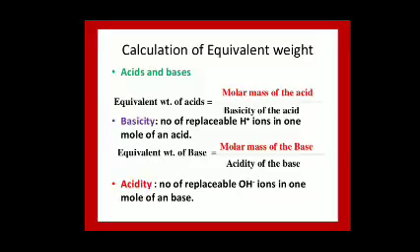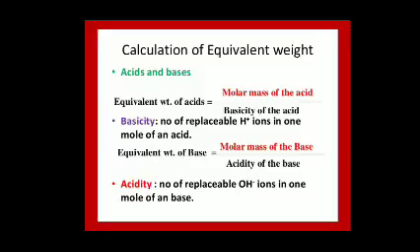The ratio between the molar mass of the acid, that means the gram molecular weight of the acid, and its basicity is the equivalent weight of acid. Equivalent weight of acid is equal to the ratio between gram molecular weight of acid and its basicity.